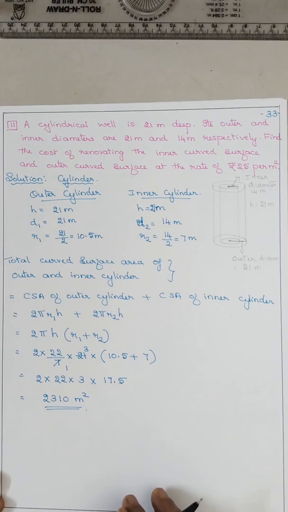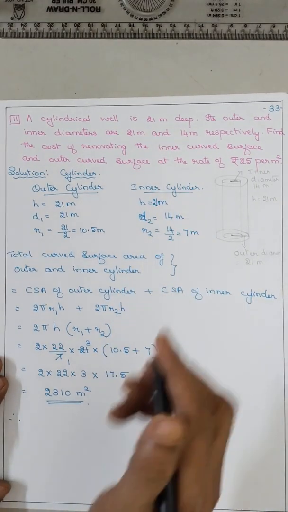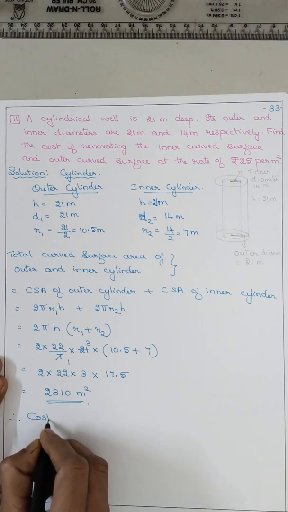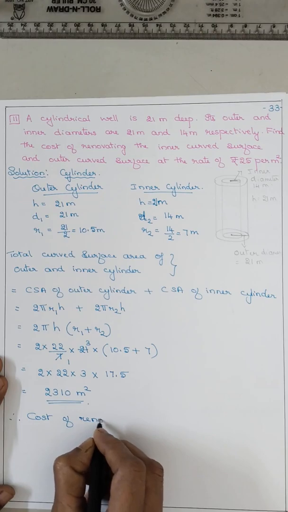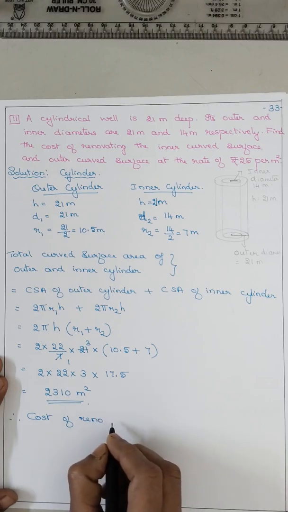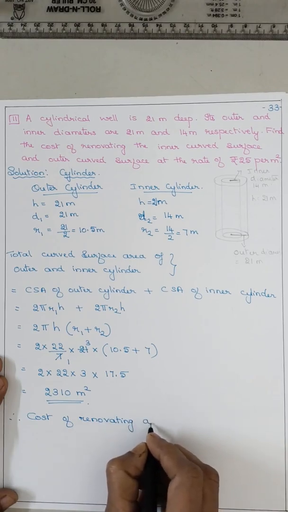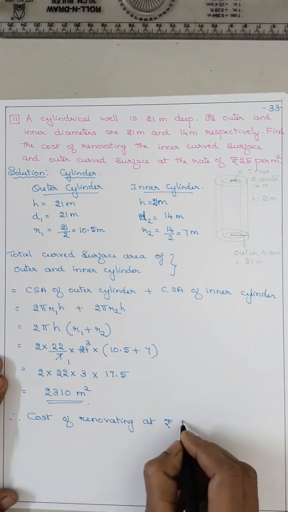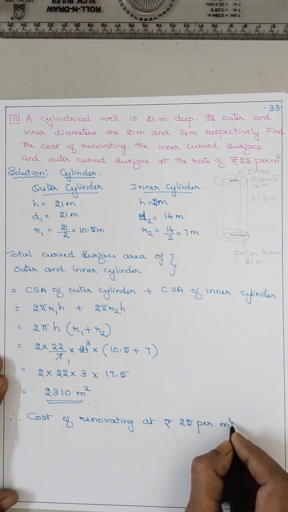Now it is the area we got. So therefore the cost of renovating at ₹25 per meter square.